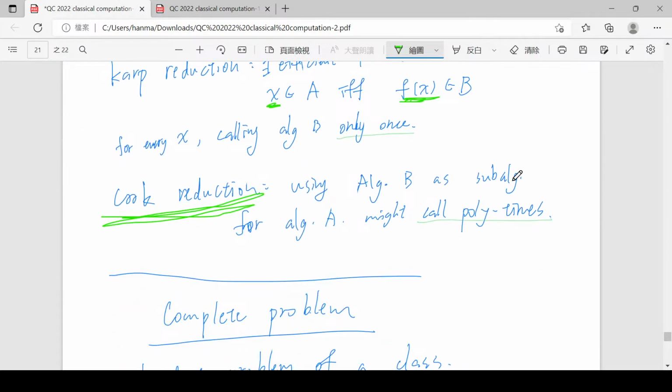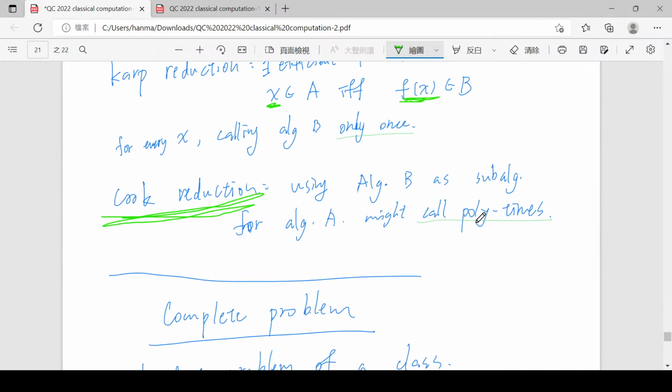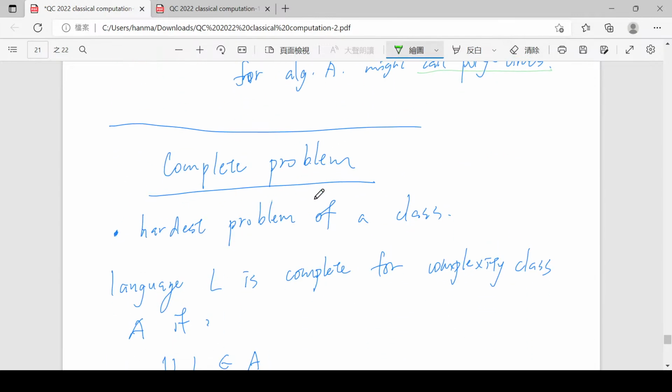But for Cook reduction, you are actually using the full power of calling this algorithm B, and you might call it polynomially many times. And so that's a slight difference. This is a more computational reduction, and this is more transformational between problems. And obviously, this is a stricter restriction, and sometimes you want that.